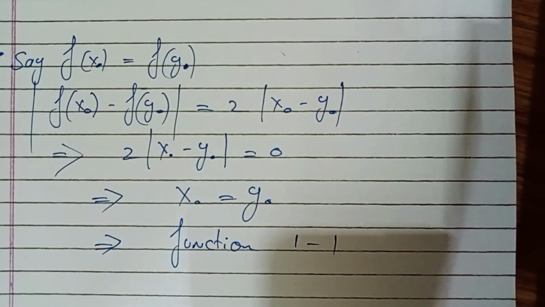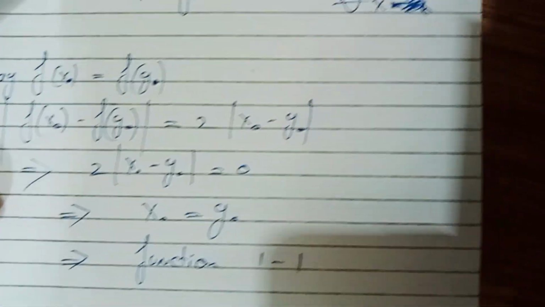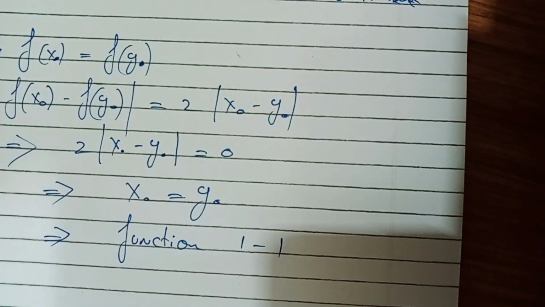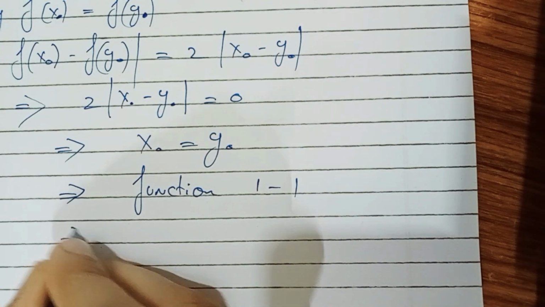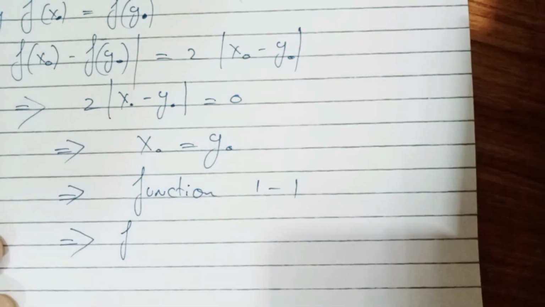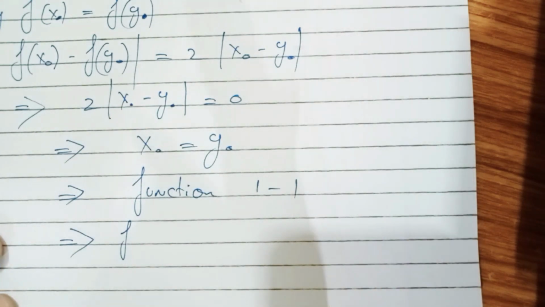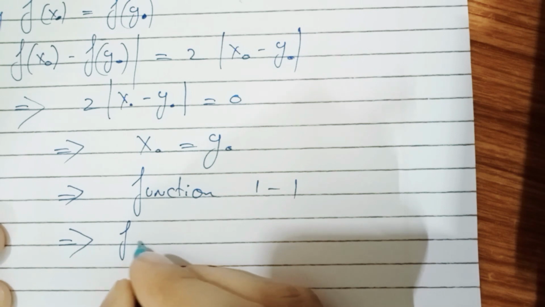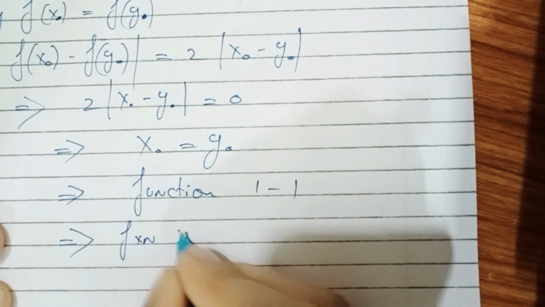But you see, the function is continuous and my function is 1-1. If we combine these two, we can say that my function is monotone. Combining continuity and 1-1ness, it implies the function is monotone.